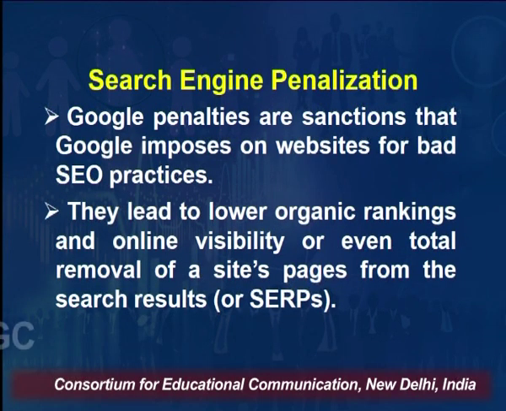Google penalties are sanctions, kind of fines, that Google imposes on websites for bad optimization practices. Obviously, when you are using black hat SEO, your rankings and your visibility are going to go down. Penalties can be imposed manually, or through algorithmic impositions made by Google and the search engines.